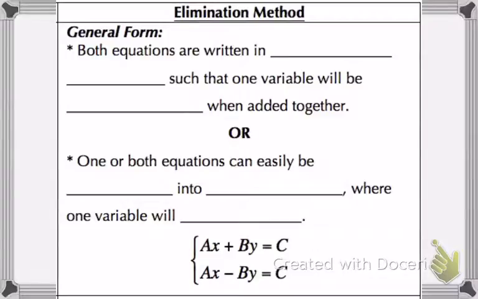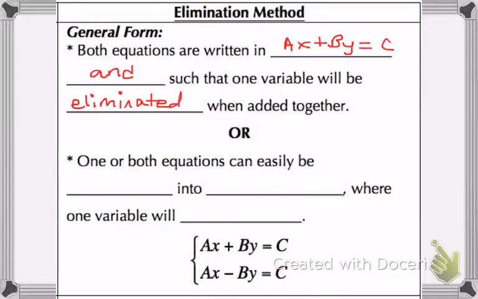Okay, elimination method. So moving on here. Both equations are written in standard form, ax plus by equals c, and such that one variable will be eliminated when added together.